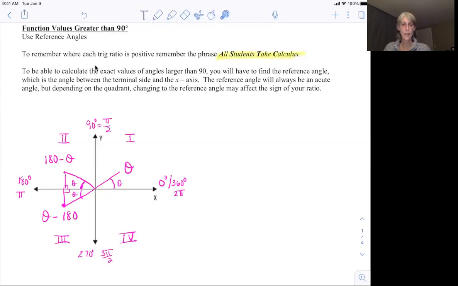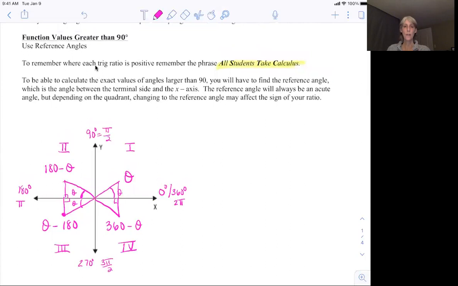That's the big angle. Subtract out 180, and that's going to give us the reference angle that's left. And in the fourth quadrant, if we drop a perpendicular to the x-axis, we're going to find the value of that reference angle by doing 360 minus theta. So that's really it.